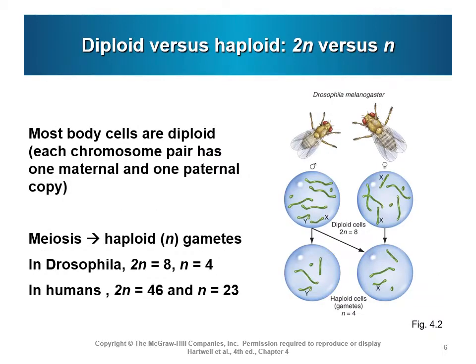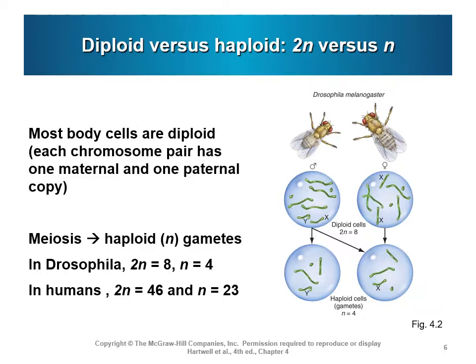Most cells are diploid. However, the meiosis process produces haploid cells, which means that the cells contain only half of the amount of chromosomes.